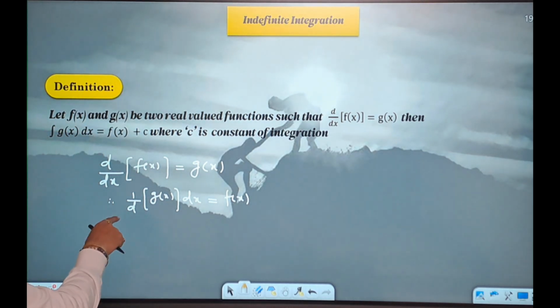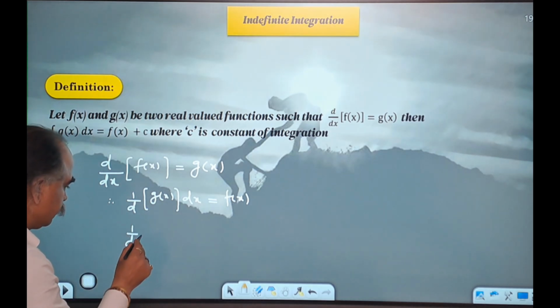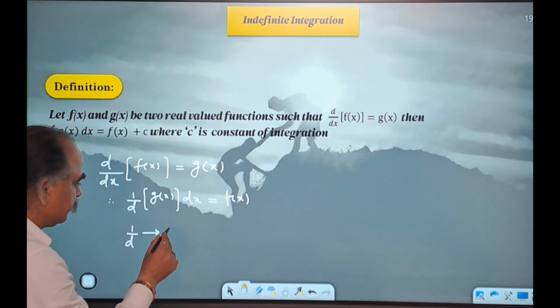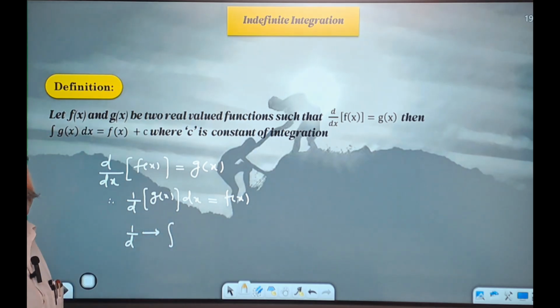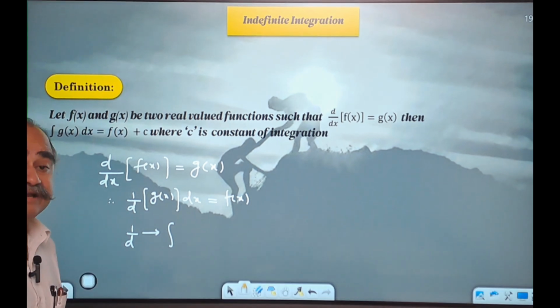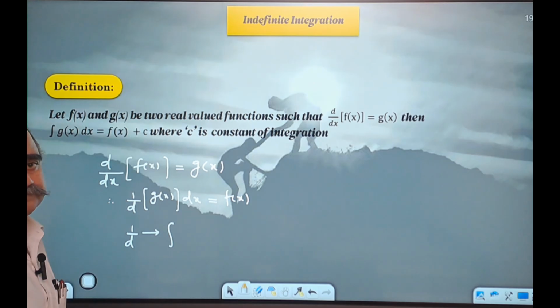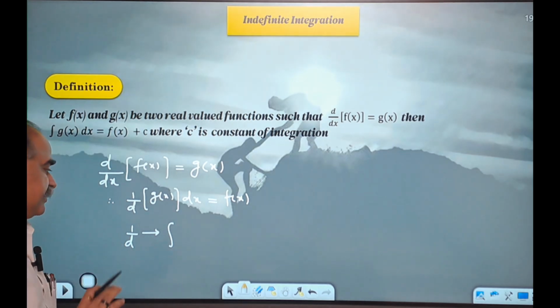And if you see, this 1 upon d is replaced by integration. D stands for derivative, 1 upon d stands for antiderivative, and this antiderivative is nothing but integration. So that is why integration is called antiderivative.